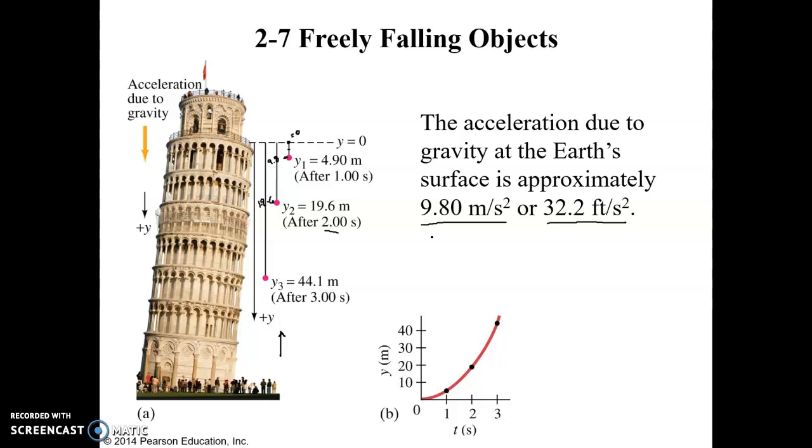And I did mention earlier that the 9.80 meters per second squared is according to this textbook. Some references you might find might have it as 9.81 meters per second squared, but for whatever reason, this particular textbook goes with 9.80. And we'll talk later on how that actually varies slightly depending on where you are in the world.